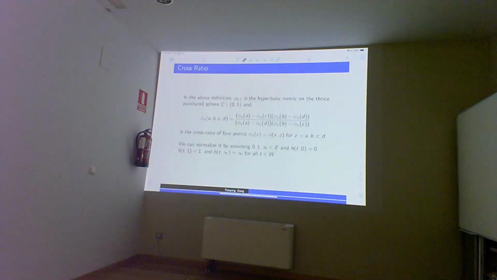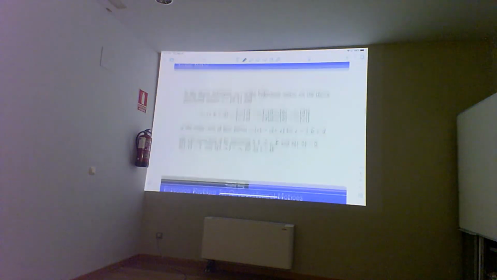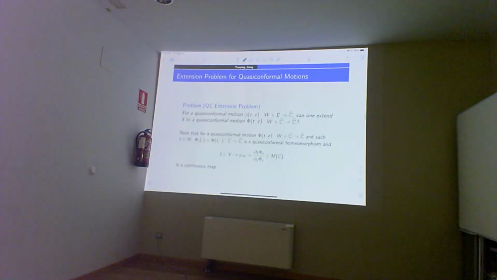Now, you have exactly the same question on the extension problem. Here you can also always extend to the closure of E, so you can take E as a closed subset, that's no problem.